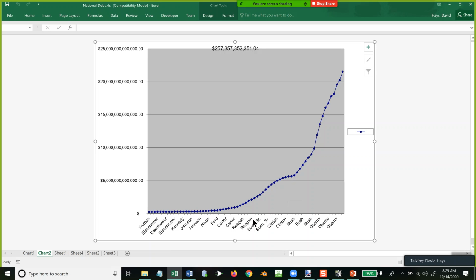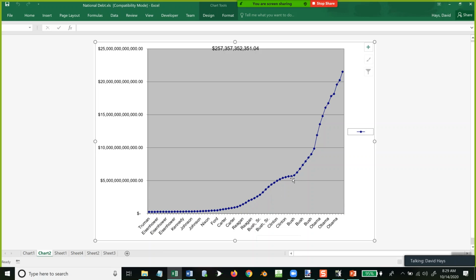He did it kind of strange. I think he paid it off with his own money, so it's not like he actually got us financially sound. But every other president has been in debt. I started at Truman, and it's going up a little bit here, a little bit. Kennedy, Johnson, Nixon, Ford goes up, hits Carter, goes up, hits Reagan, really goes up significantly. Hits Bush Sr., keeps going up.